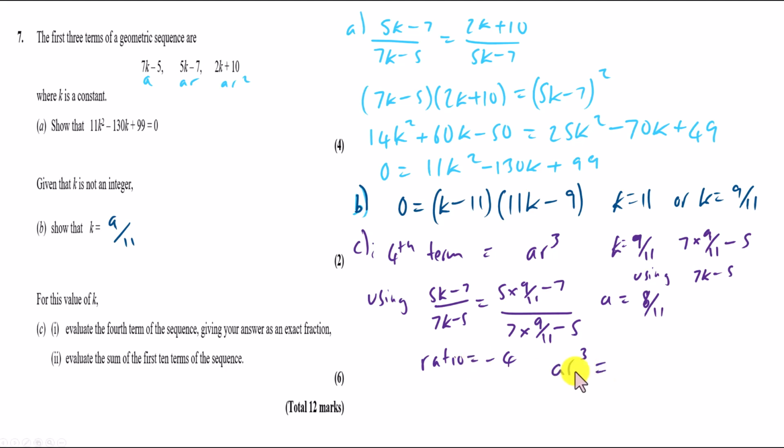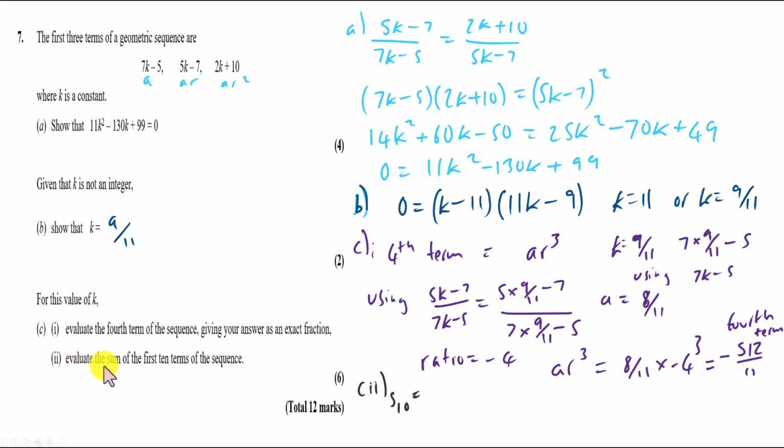So that means our AR cubed is this answer here, which leaves us with minus 512 over 11, which is the correct answer, and we have done that question. Well done. And that's the value of the fourth term.